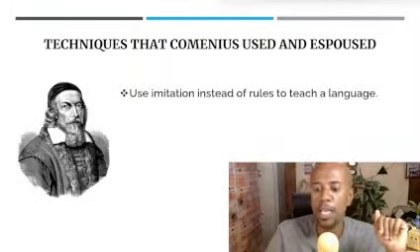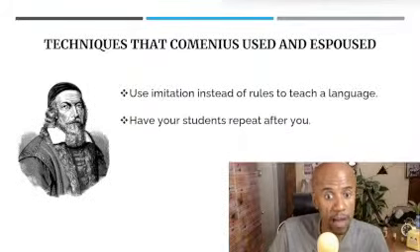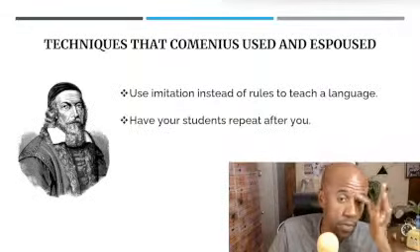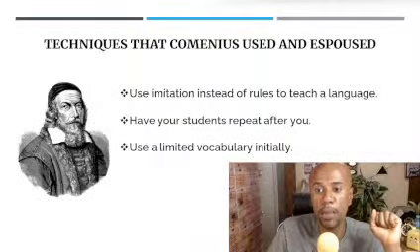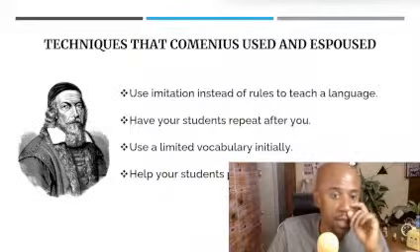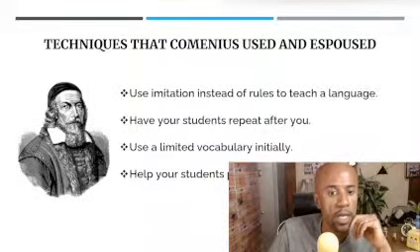He also advocated having students repeat after you, which is something that we still use in our classrooms today, and using a limited vocabulary initially. All of these are things that you will find with many other methods in the 20th century and the 21st century as well.